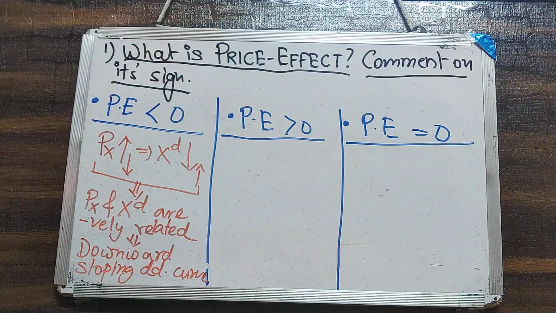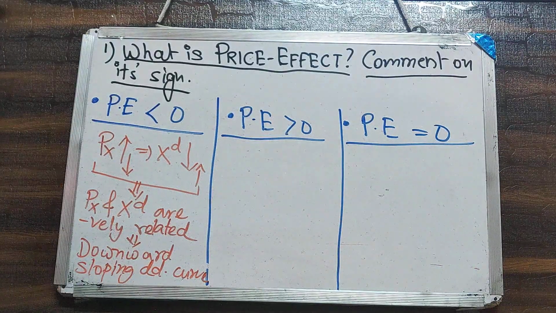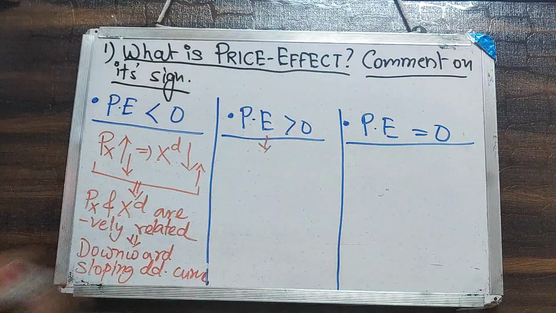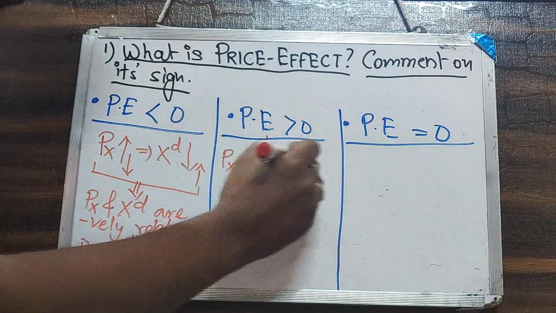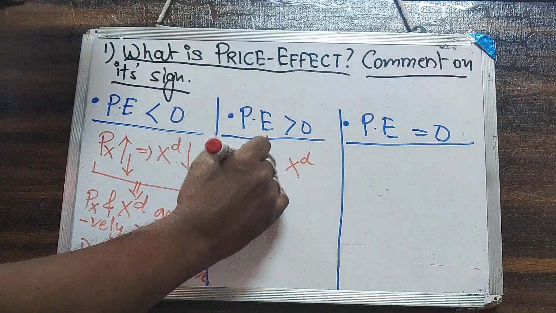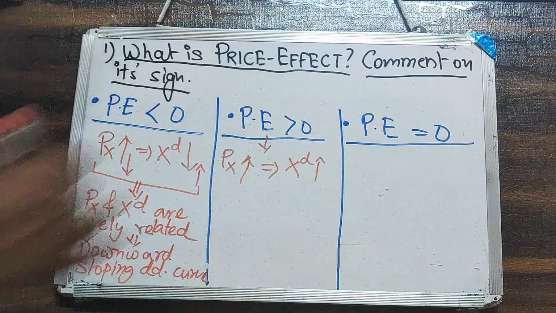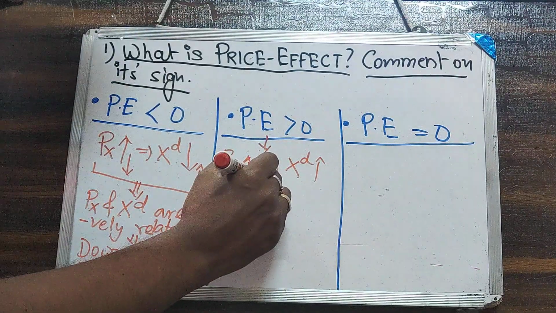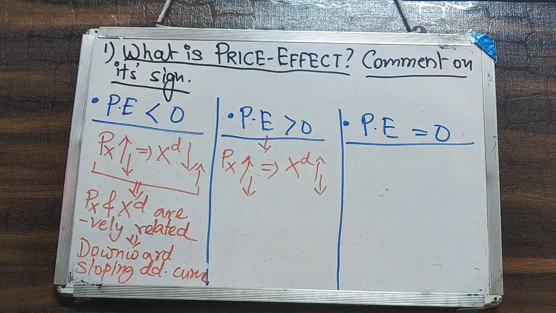But what about when price effect is positive? This would indicate the fact that Px and Xd are positively related. That means with the increase in the price of X, demand for X will increase. With the fall in the price of X, demand for X will go down.